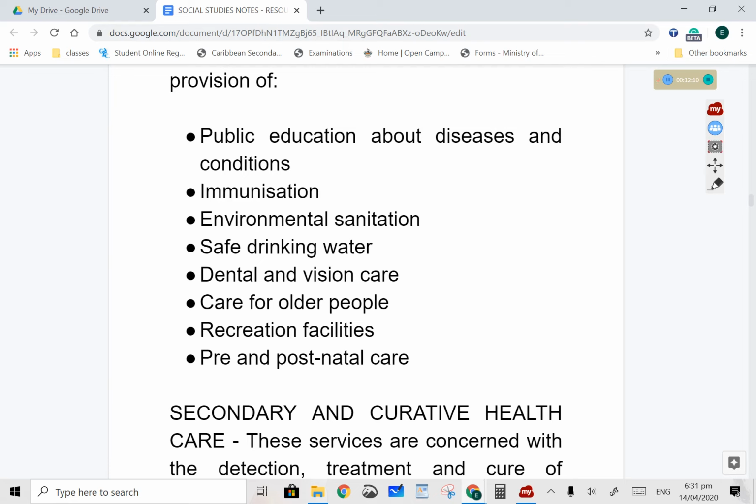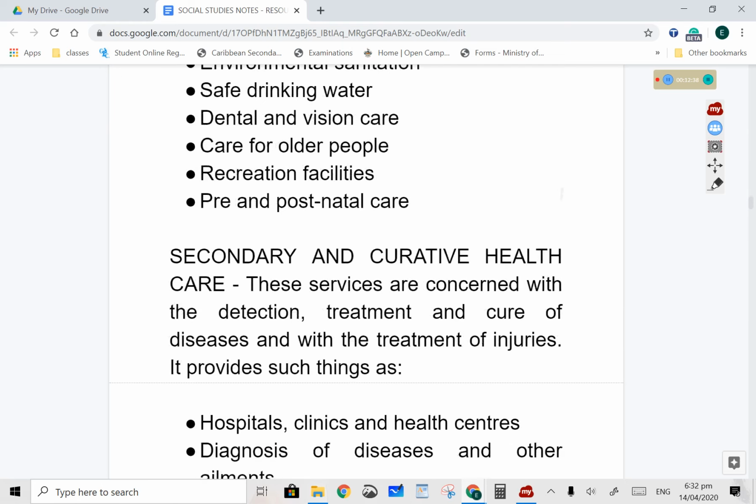So before an individual is even born, they have access to healthcare. Postnatal care is when the child is born and they have to get immunization, and immunization goes on for the lifespan of the individual, right? Some immunizations are given once in your lifetime, and some you have to go and update it. You have safe drinking water, dental care, etc., as we said before.